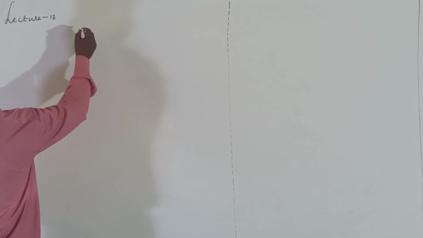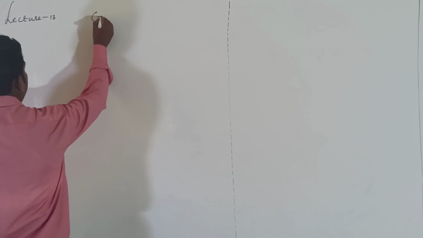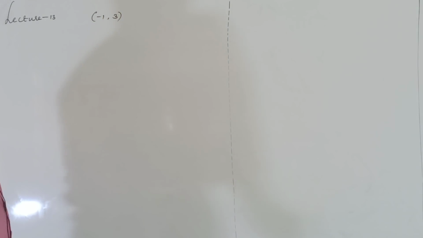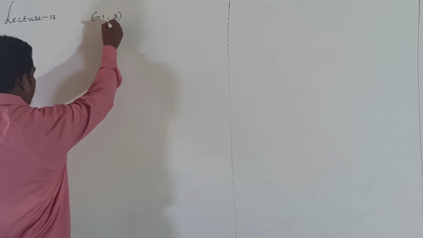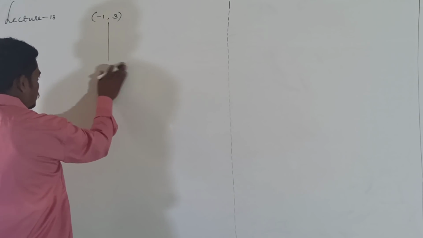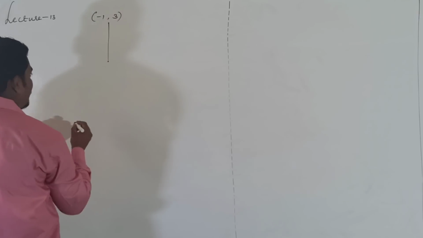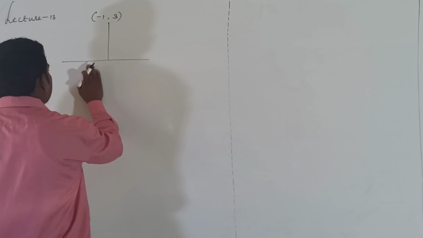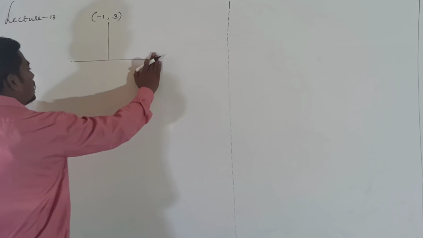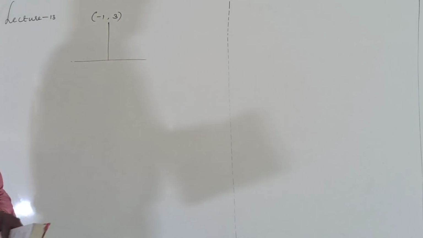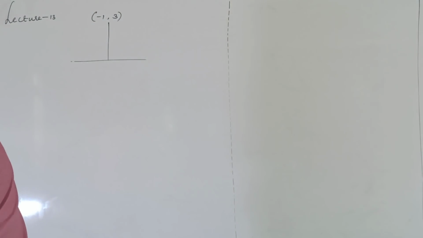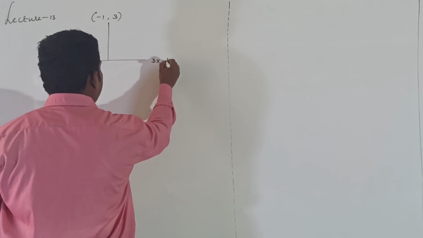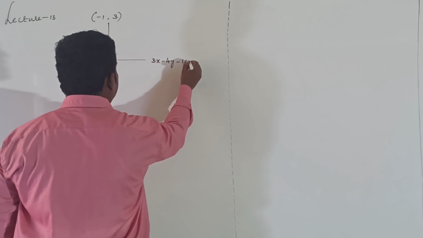One of the points they have given is -1 comma 3. From this, draw a perpendicular, and that perpendicular is on the line 3x minus 4y minus 16 equal to 0.